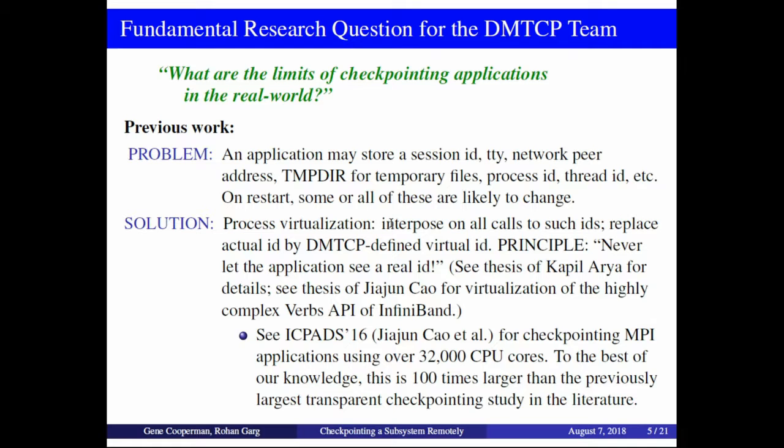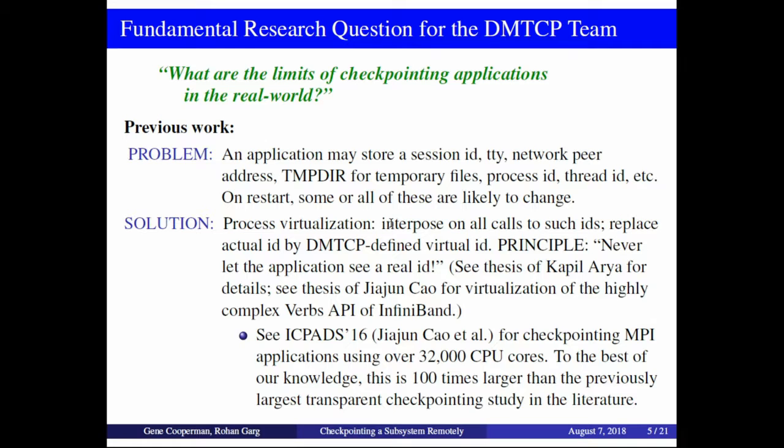So the solution that we had was to interpose on all system calls or library calls that might refer to those IDs. Roughly the motto was never let the application see a real ID. Always hide the ID from the application.